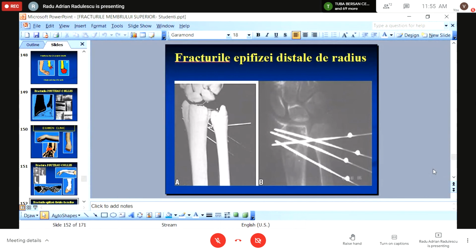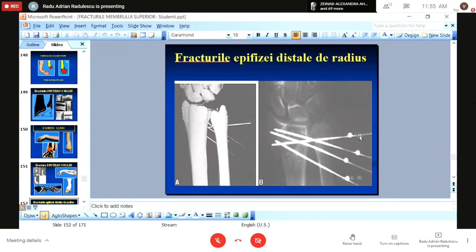The problem with these fractures is that they are very unstable. I mean, they are very easy to reduce, but very difficult to maintain by casting. So we have imagined some less invasive methods that can prevent the secondary displacement of a fracture.